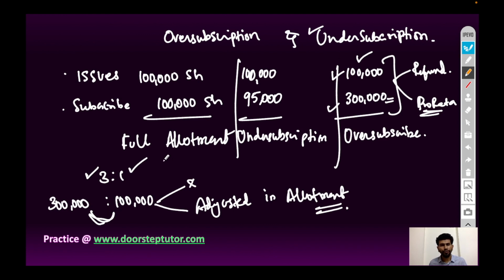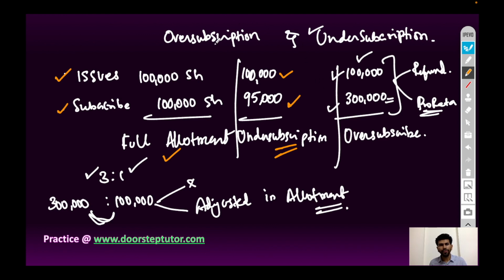So in case of full allotment, no problem, all the applicants will get shares as per application. In case of under subscription, no issue. Those who have applied for the shares will get 100% shares.